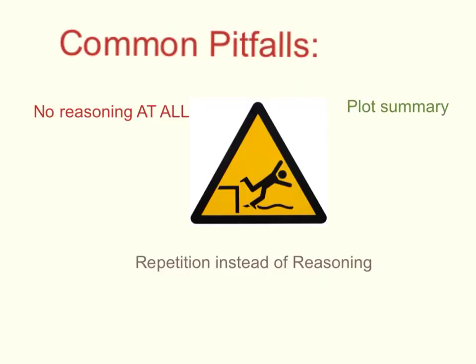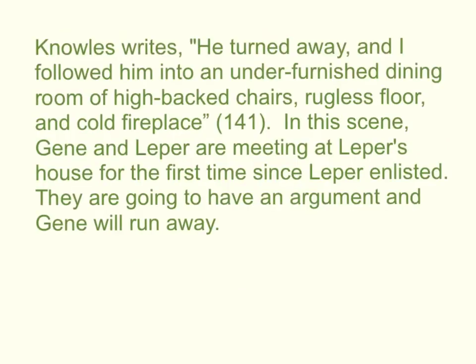So here's another detour that inexperienced writers often take at this point in their argument, the plot summary. For example, taking the same piece of evidence, Knowles writes, "He turned away, and I followed him into an underfurnished dining room of high-backed chairs, rugless floor, and cold fireplace." In this scene, Gene and Leper are meeting at Leper's house for the first time since Leper enlisted.